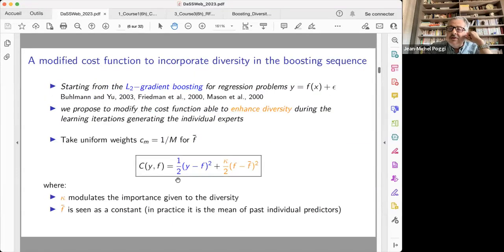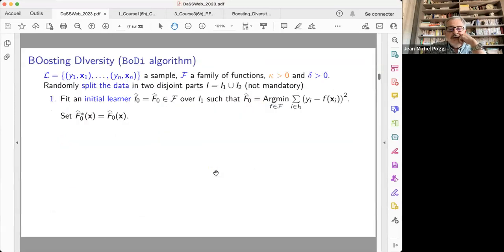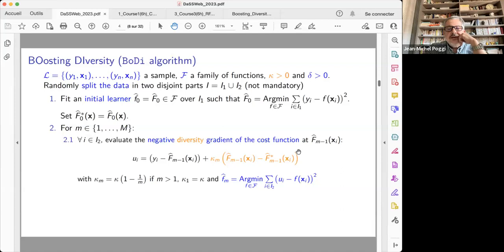As you probably know, in the first course of L2 gradient boosting, the first thing is just to show that the residual is, in fact, the gradient of the cost function. So instead of taking the negative gradient of the cost function of the mean square, you just take this augmented cost function, and then you get this formulation.